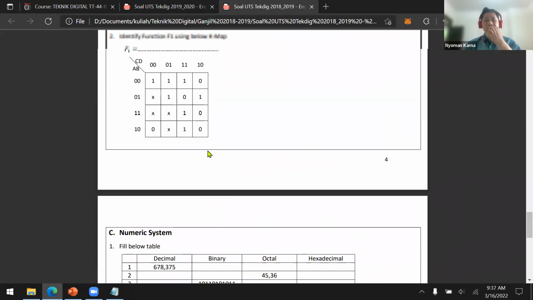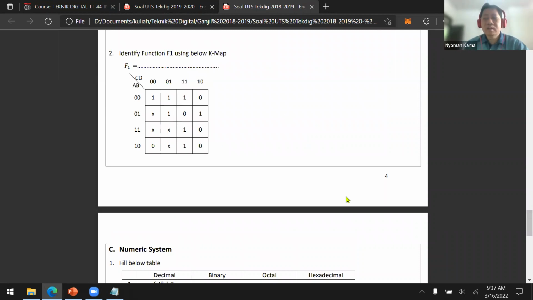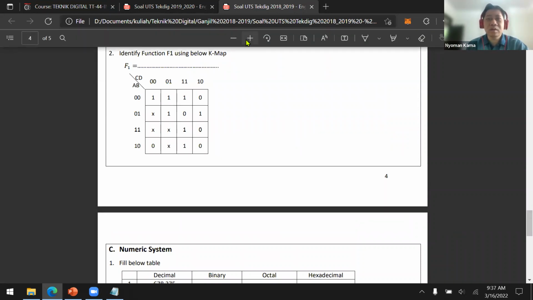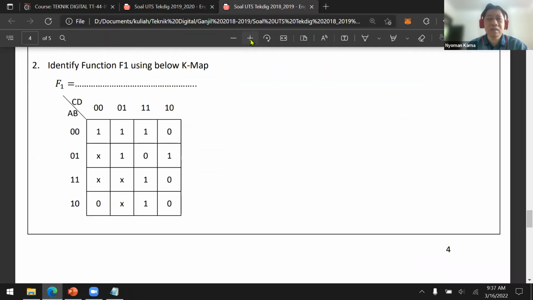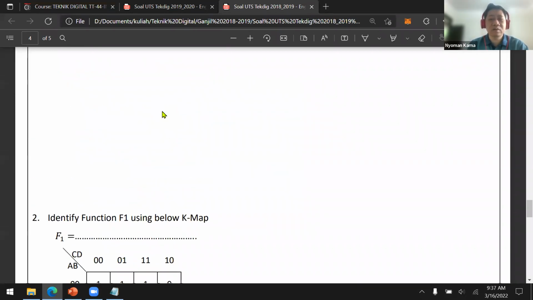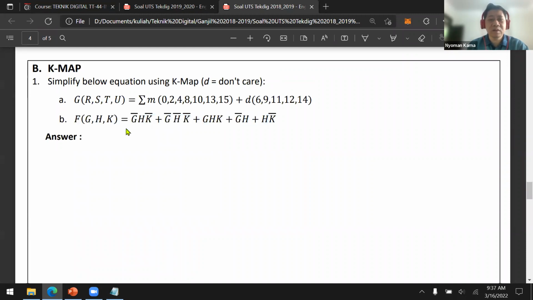Oh, there is another one. Let's discuss this function first. There is a don't care here, so we're going to skip this one. So we're going to only discuss this one.